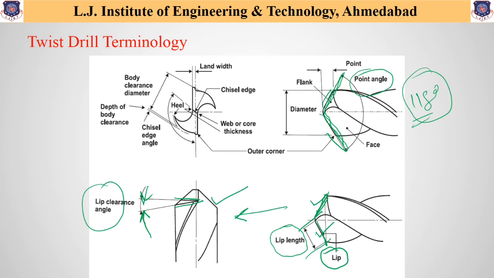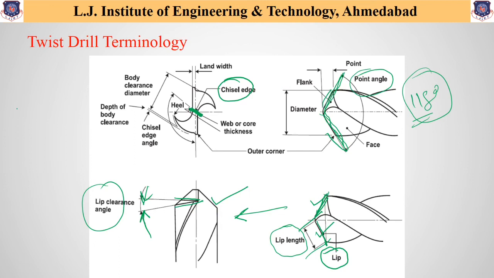Now the next parameter is the chisel edge. As one can see, the chisel edge is provided over here, and it helps to connect both lip sections.